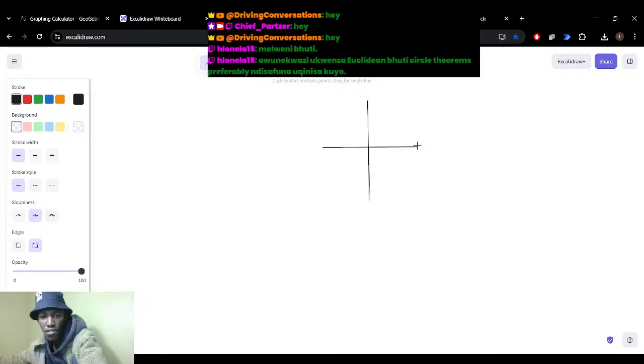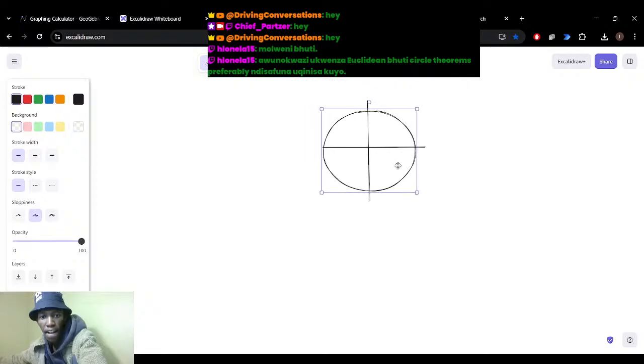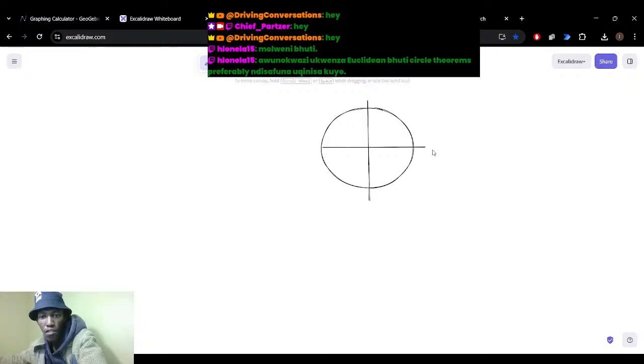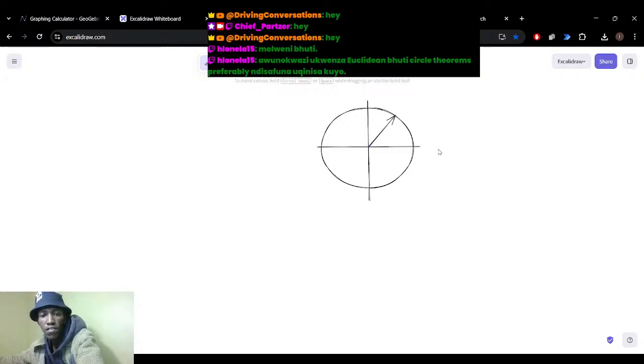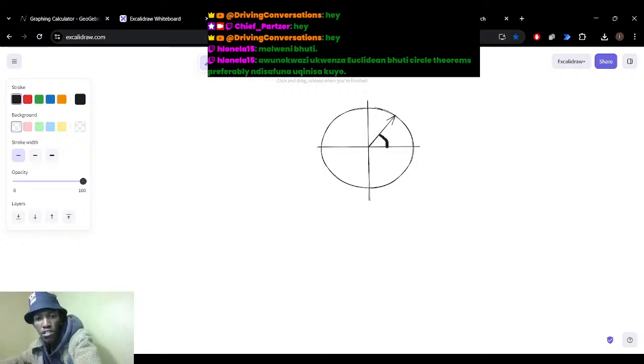So this is the unit circle here. Let's just draw a simple vector that points at this, and let's call this angle theta.